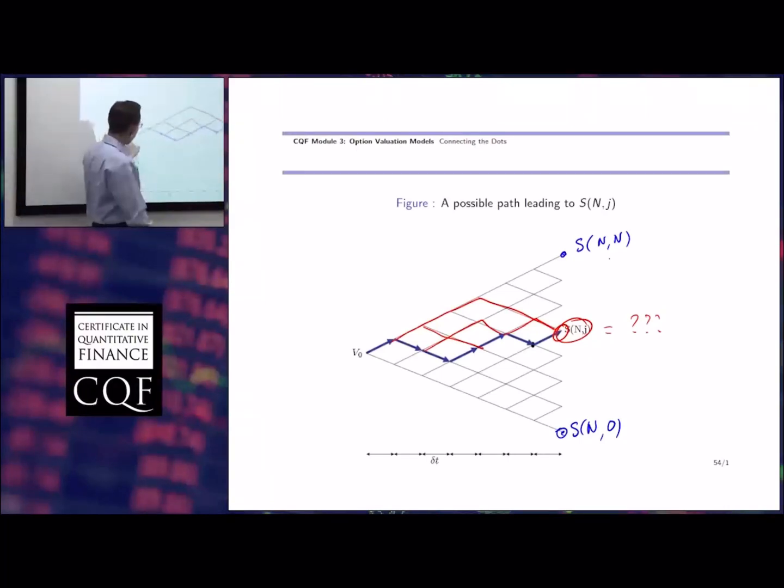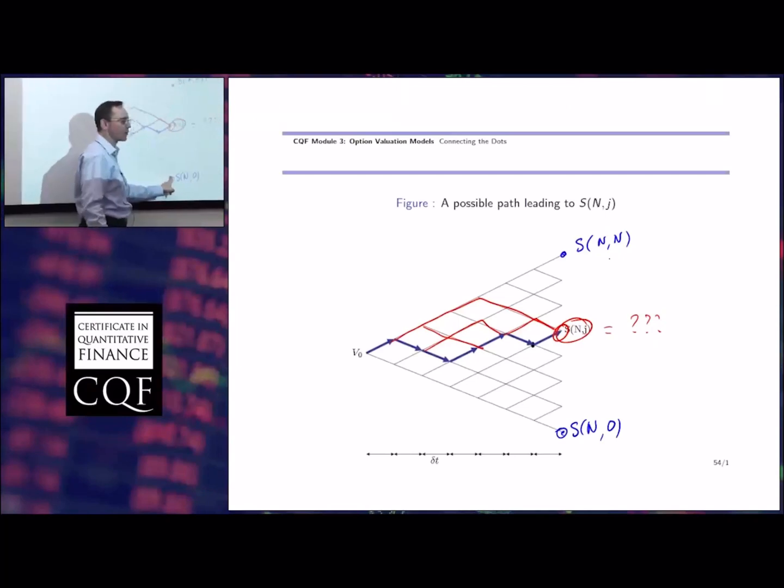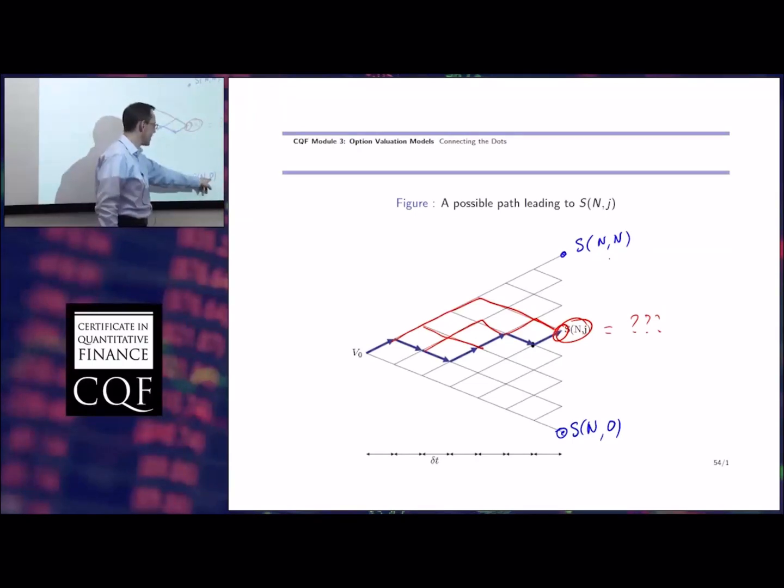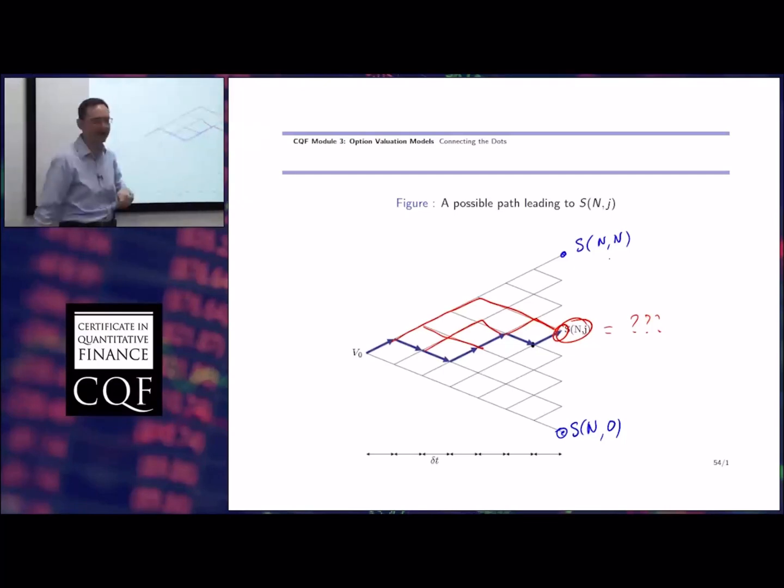This is all the way down across n steps. So that means that you went down n times and 0 times up. And this one is all the way up over n steps, meaning you went up n times and down 0 times.